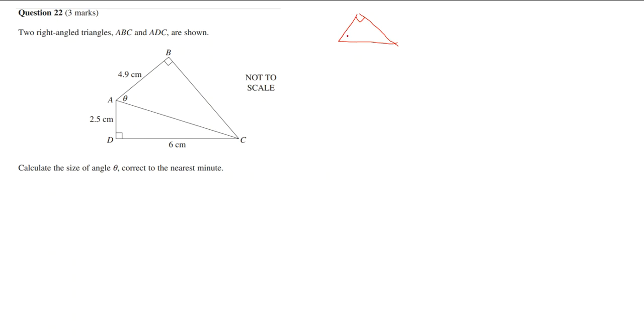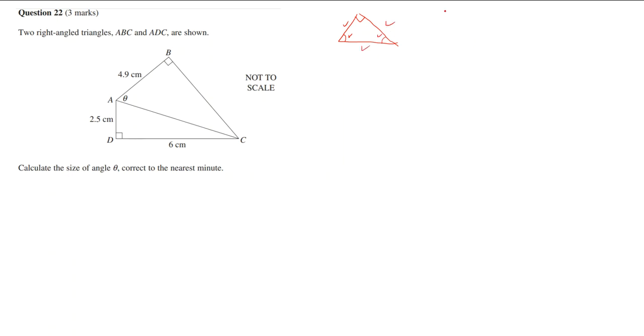If you know two things, you can work out all the other things. Either you need to have an angle and the length of one side given to you, then you can work out pretty much all the remaining things in there.